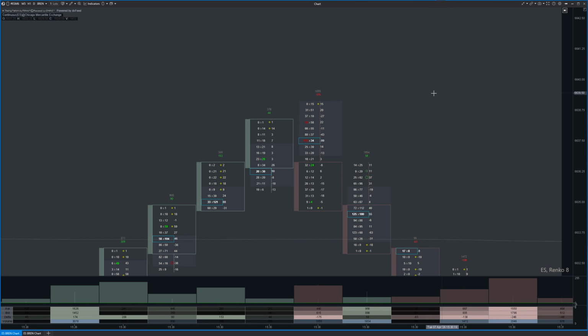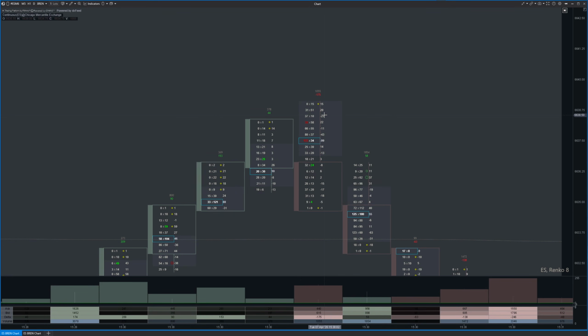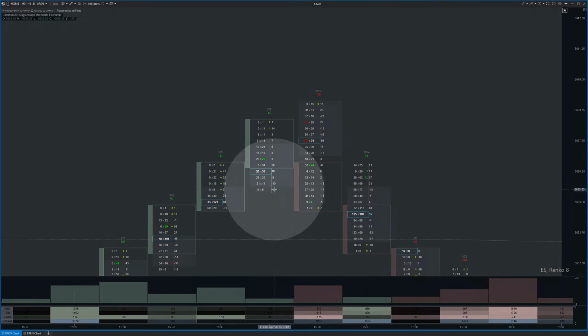Absorptions mean that there are high positive delta values at the upper part of the candle and low negative values of delta at the bottom of the candle, which means these are absorptions. And I'm waiting for reversals.